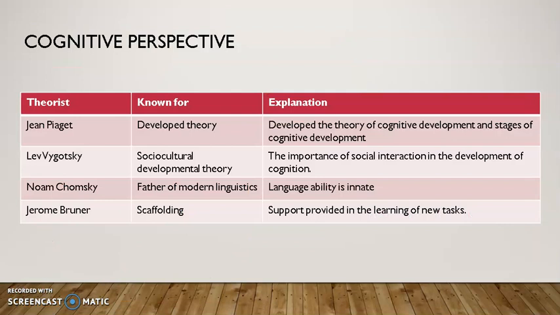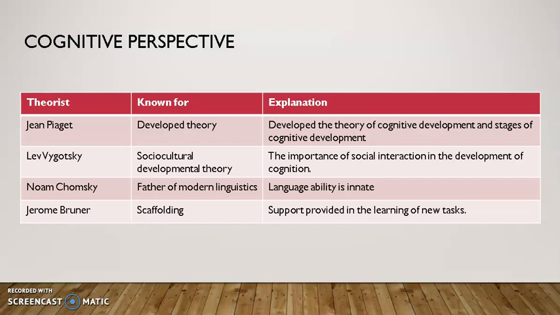The major theorist within this perspective is Jean Piaget, whom you know from previous modules. He developed this theory and also the various stages of cognitive development, which we will look at, but which you should remember from previous modules. Vygotsky talked about the sociocultural development theory and the importance of social interaction.